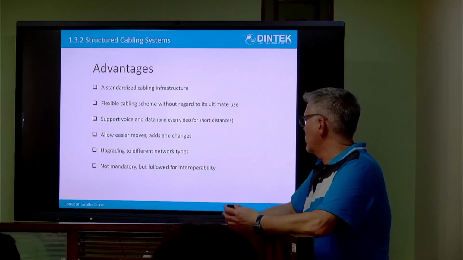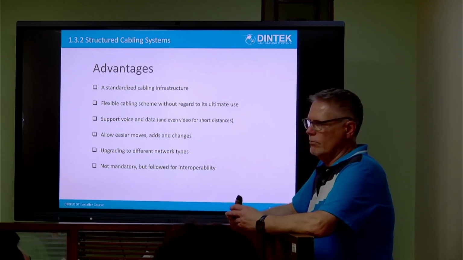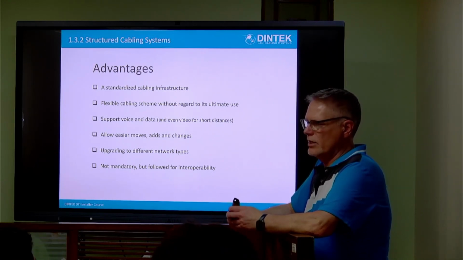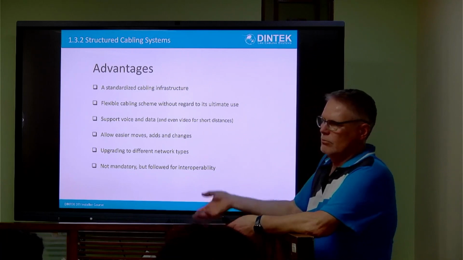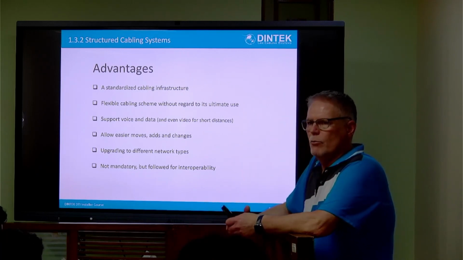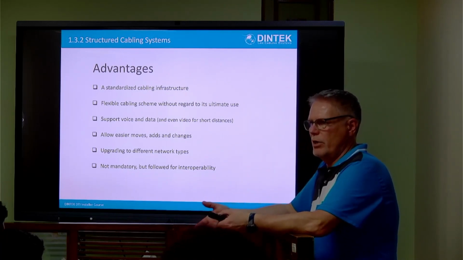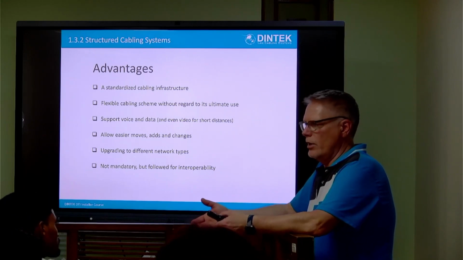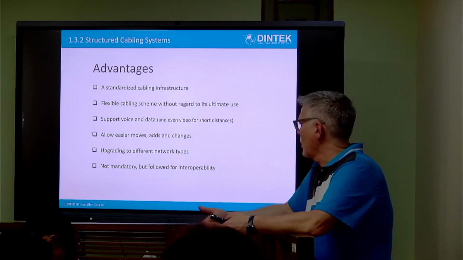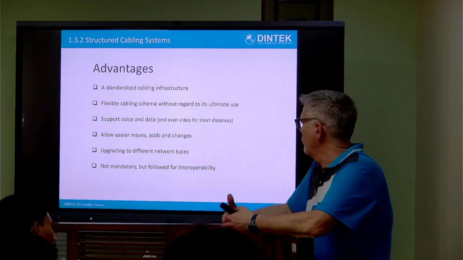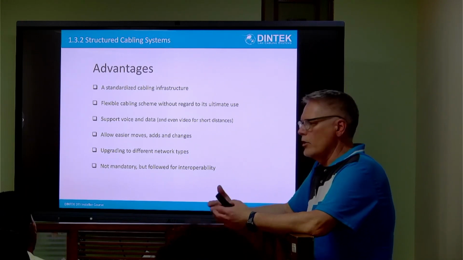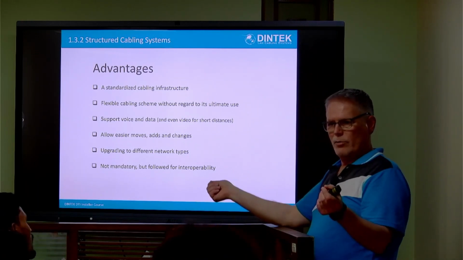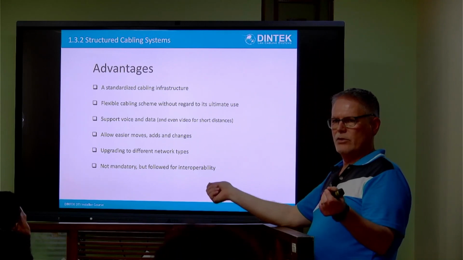Upgrading the different network types, probably not really that important nowadays, but in the distant past, we could put in twisted pair cable. Originally it was category 3 and then category 4 and then category 5. And they could put baluns on the end. Remember I was talking about those balanced, unbalanced connectors?